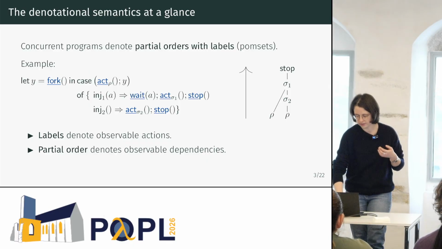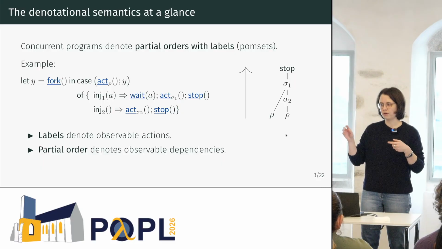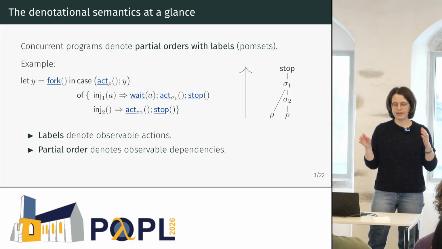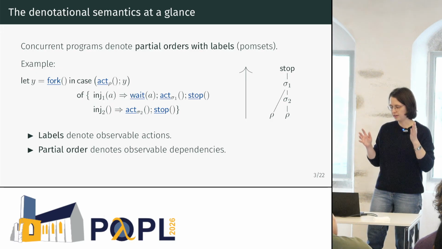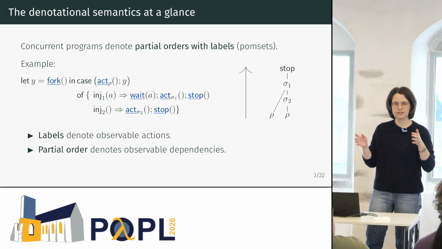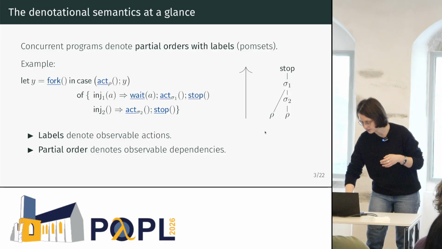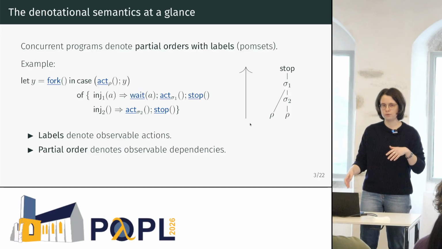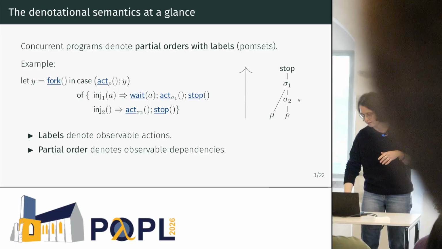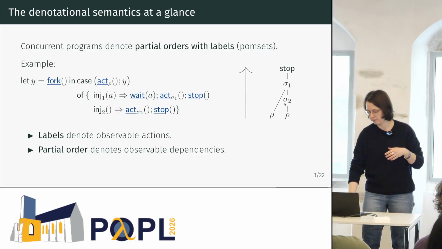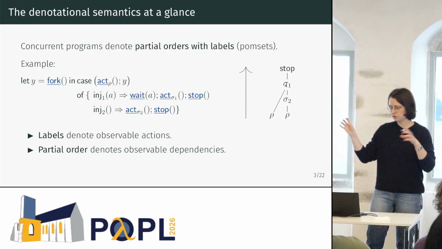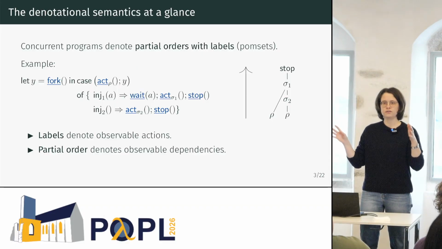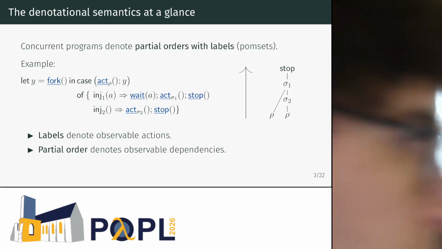Its denotation is this POPset on the right, where the labels denote observable actions, and the partial order denotes dependencies between actions that we can observe. Here time is going from bottom to top, so sigma 2 must happen before sigma 1. If two labels are not connected at all, that means they might happen concurrently.